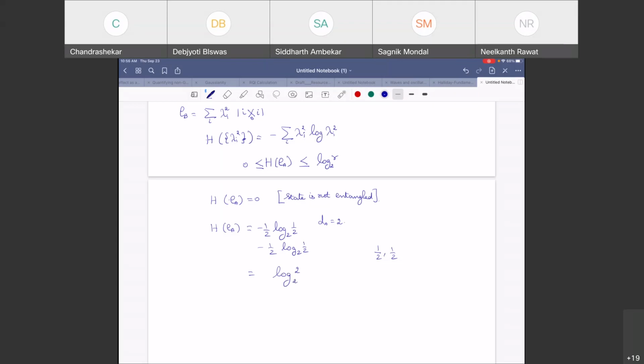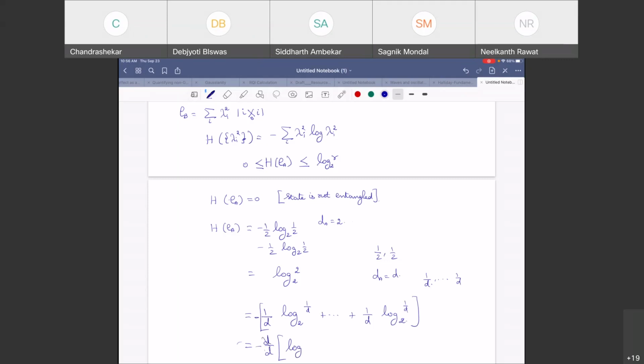But if we have this for arbitrary dimension, let's say small d, you will have 1/d for each of them, so you will have 1/d times log 1/d, summed d times, with a minus overall outside.